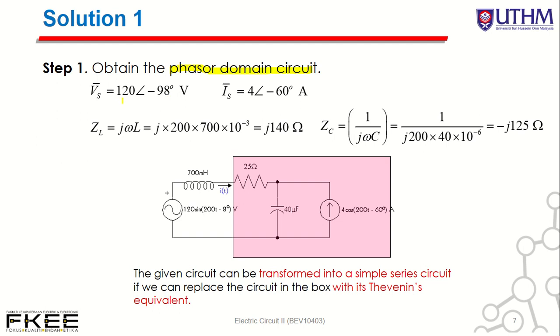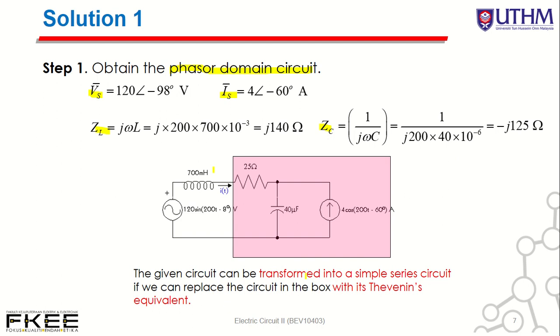We have Vs, we have Is, and then ZL, you need to convert to polar form, j omega L. Similarly, ZC equals 1 over j omega C. Once you convert from the time domain to the polar form, then you need to transform your circuit to the Thevenin equivalent circuit.